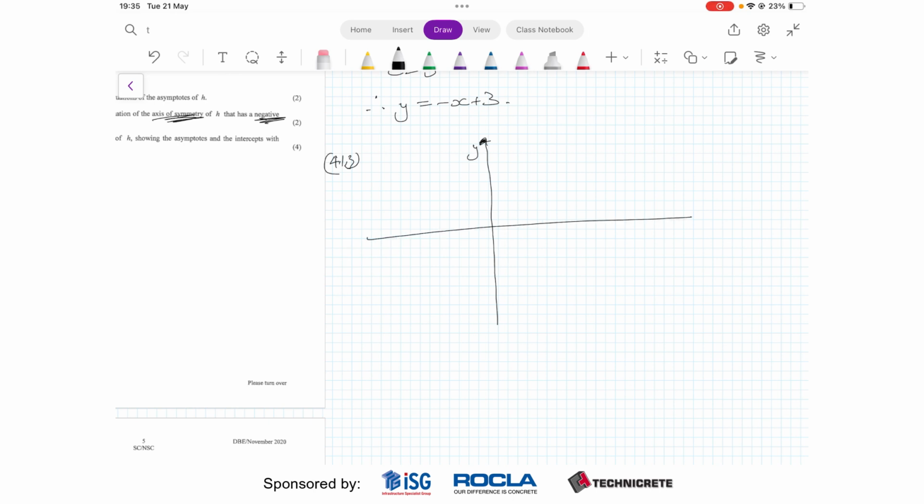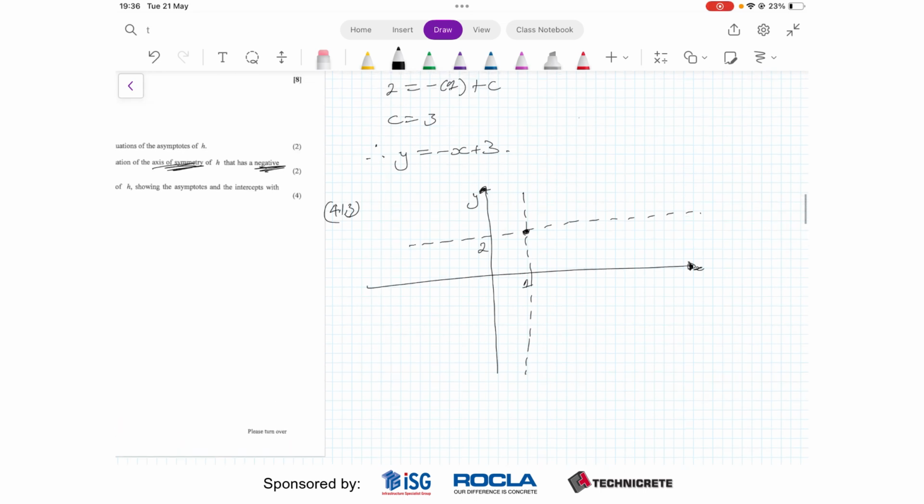That will be our y-axis. That will be our x-axis. And this will be our first asymptote at 1. And this will be our second asymptote at 2. There is where they intersect. Okay. And now our intercepts.